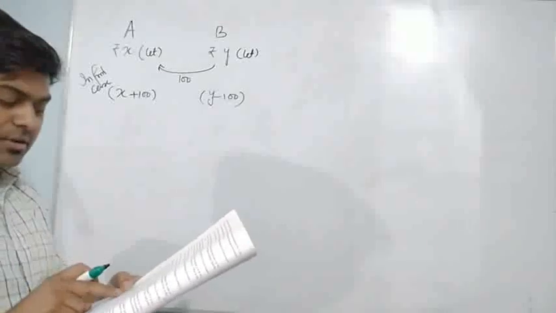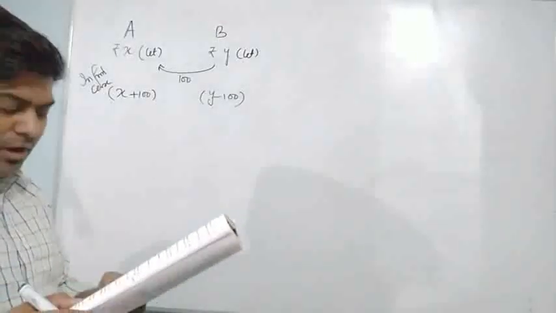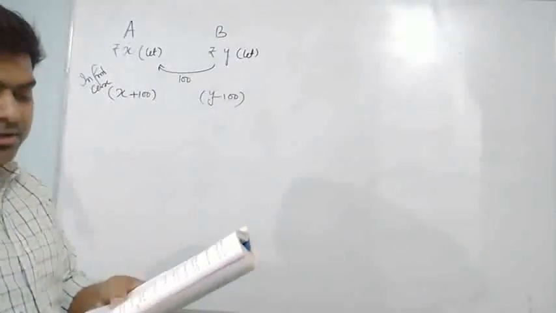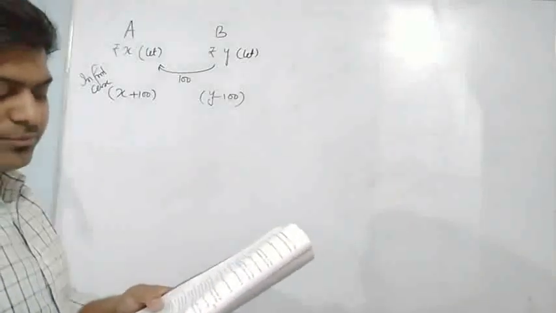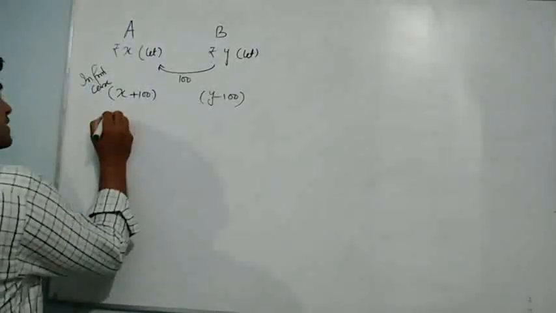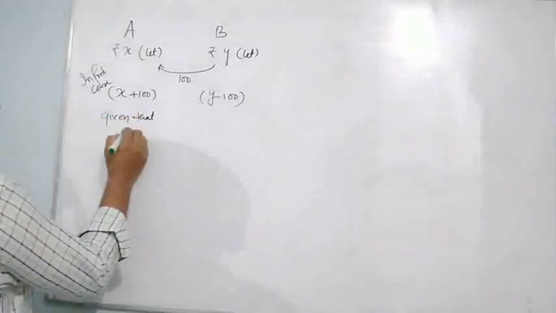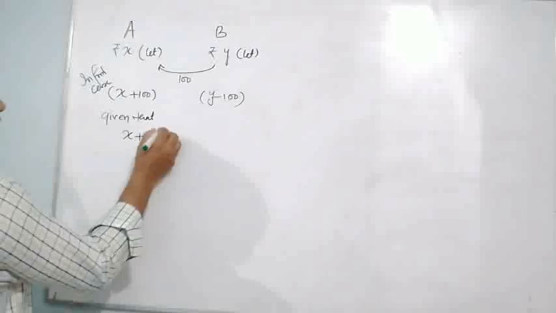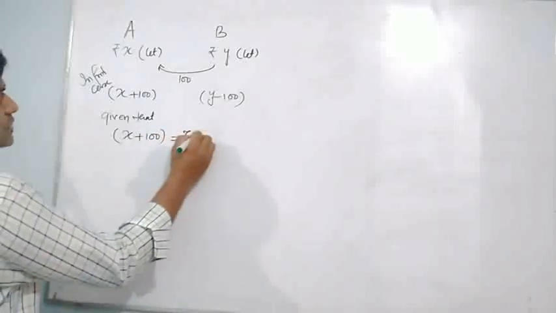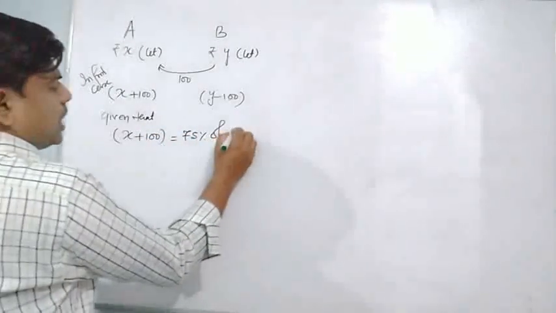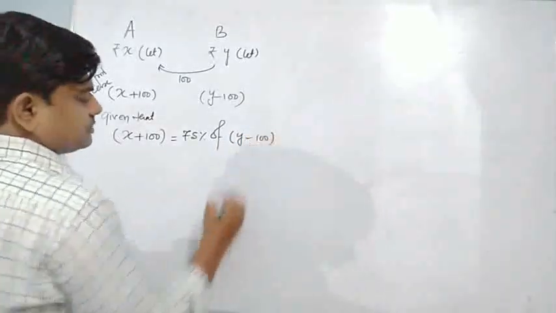Clearly it's written, my money will become 75% of the money left with you. It means given that X plus 100 is equal to 75% of Y minus 100.